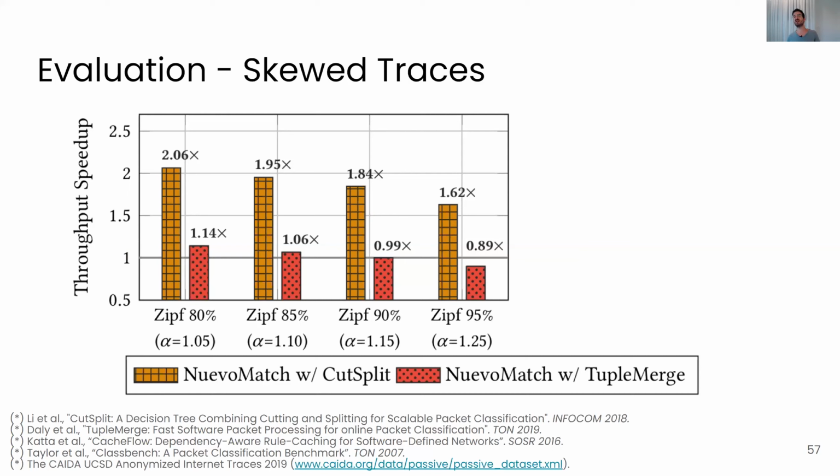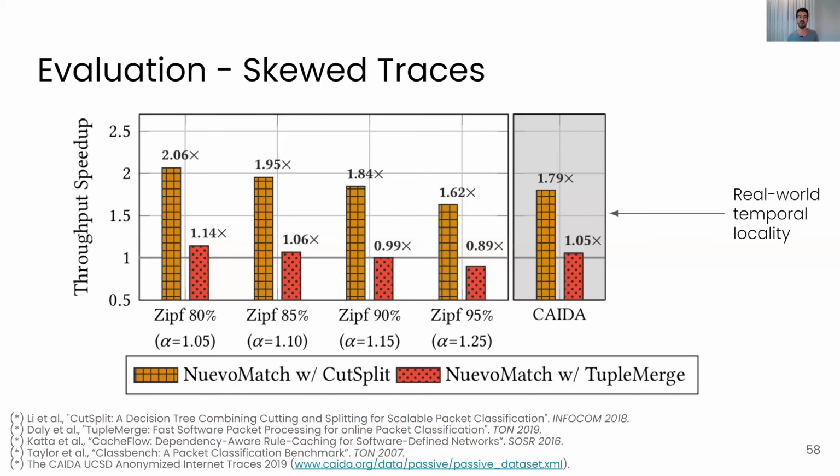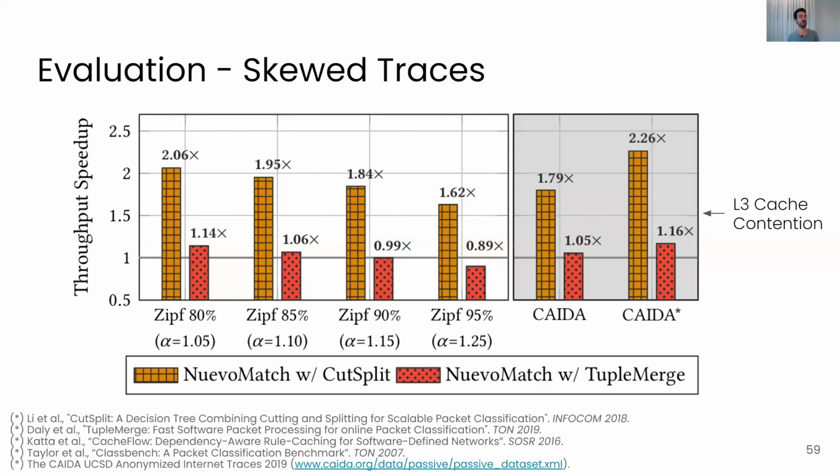You can see that the speedup is highly dependent on the Zipf coefficient. So we also extract the temporal locality of real-world traffic traces, which is denoted as CAIDA. However, in real-world conditions, the classifier coexists alongside other tasks. So we also test the performance under L3 cache contention, which is denoted as CAIDA star.